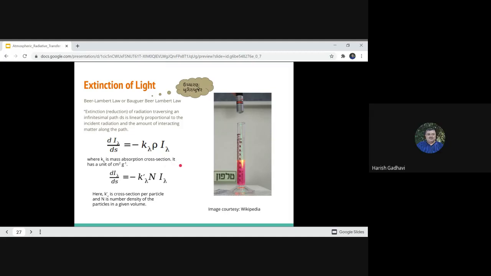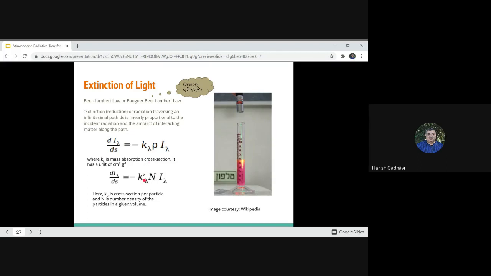Okay, so last lecture we saw two new definitions. One was the extinction coefficient, which is the extinction cross section multiplied by the concentration. You can write the cross section in terms of mass, centimeter square per unit mass, or centimeter square per molecule.